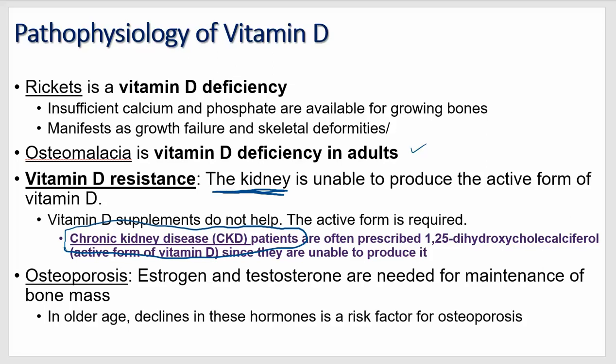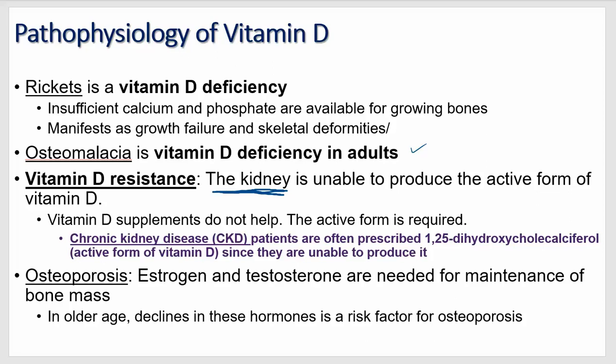Chronic kidney disease patients are often prescribed the active form of vitamin D. Remember that, because if your thinking is they don't have vitamin D, so we're going to give them vitamin D or tell them to stay out in the sun a little more, that's not going to work, because the problem is not vitamin D, the problem is the active form of vitamin D that's supposed to be produced in the kidney and is not. Okay, so remember that.